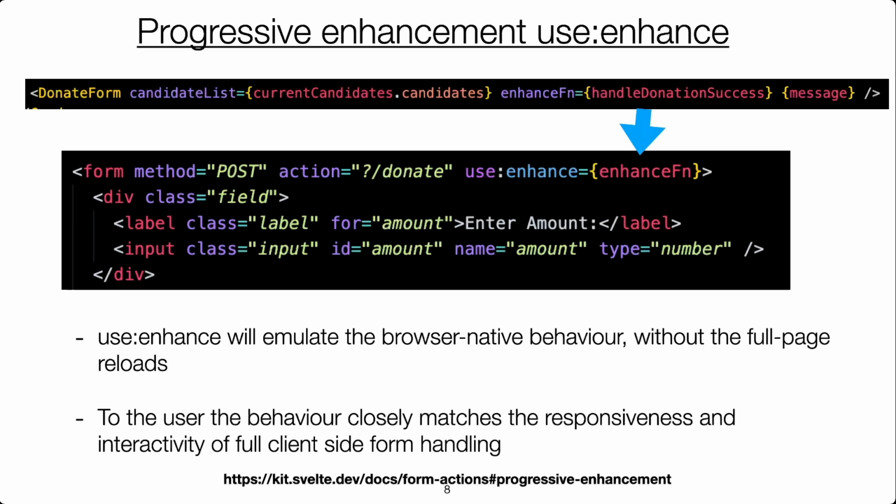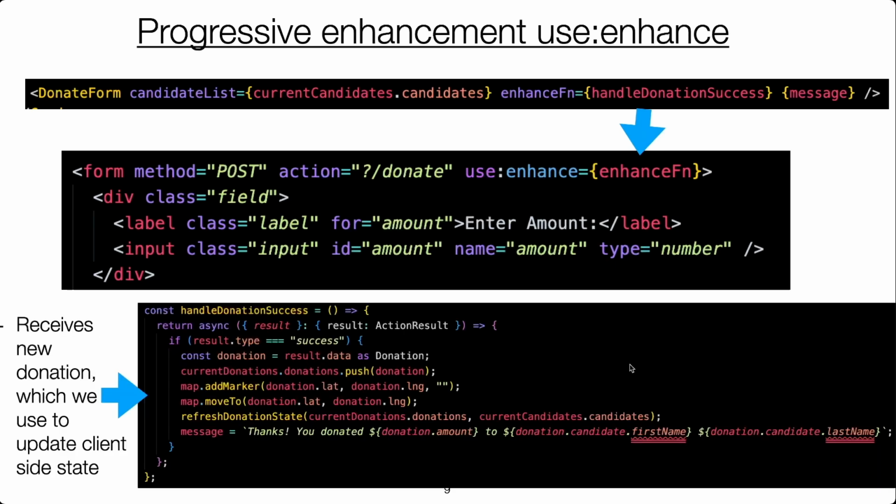It's not necessarily a part of Svelte, although Svelte is obviously taking advantage of it here. This means that our form method takes a function, and that function, we're calling it the enhance function, will be called if the donation is successful. And we're going to use that information to update the client.